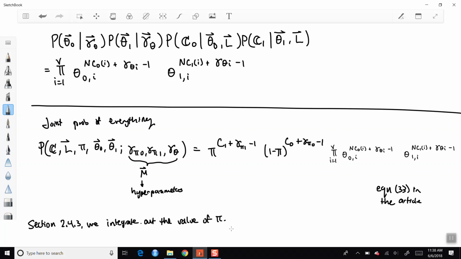What we mean by that is we are going to integrate out the value of pi just so that pi doesn't appear in the result. And we consider all possible values of pi, okay?